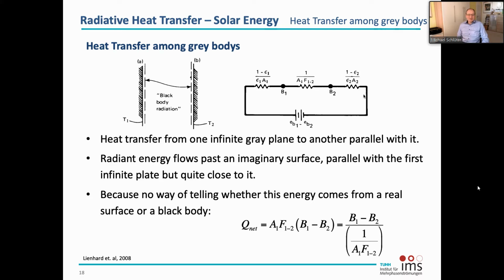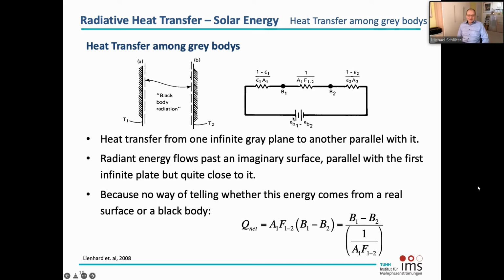Okay, so this is a very nice and simple analogy between our radiative transfer of heat and our potential-driven transfer of electrons. And you remember EB, the emission of the black body, can be calculated once again very simply by Stefan's constant multiplied by T to the power of 4.